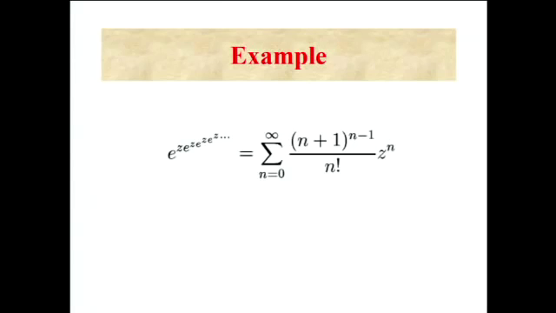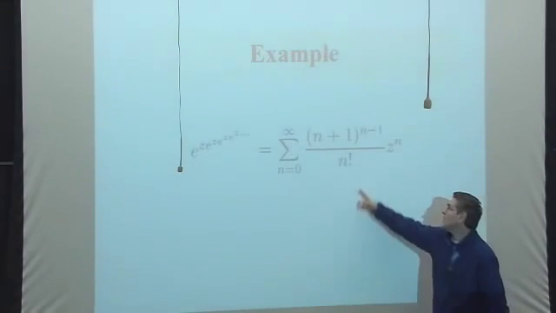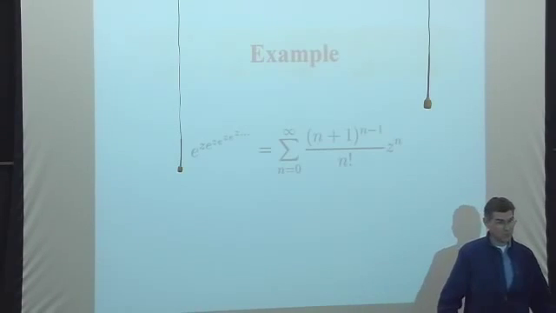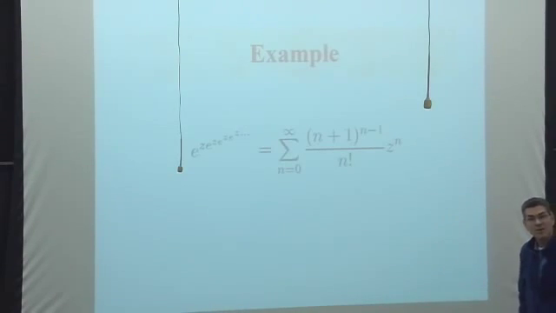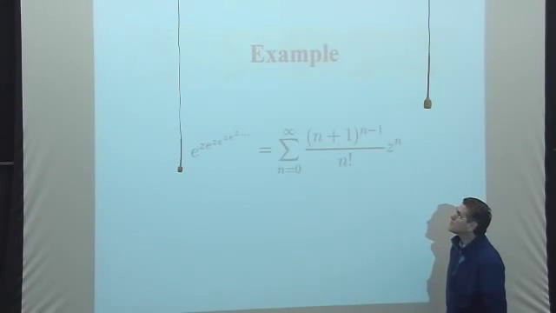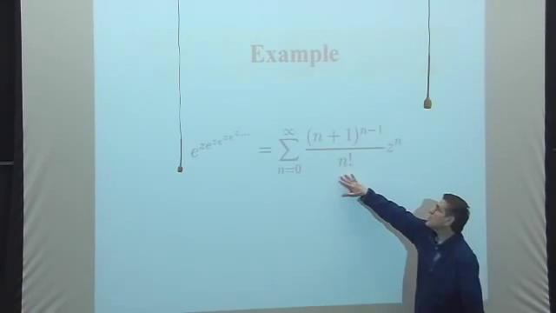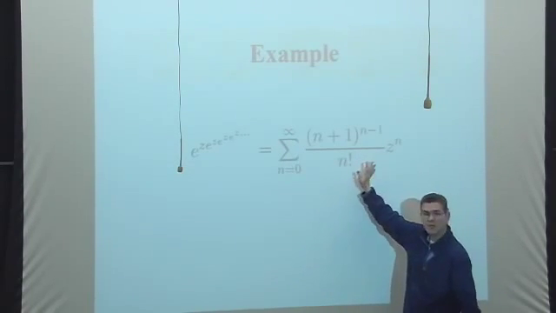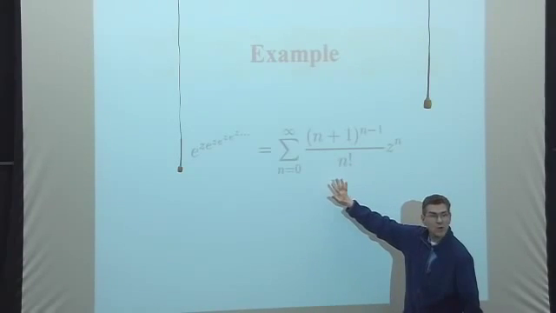So the Taylor coefficients are really interesting. They're n plus 1 to the n minus 1 power divided by n factorial. It's really strange, but in this rare case, we actually have a formula for the answer. And this series has a radius of convergence of 1 over e.